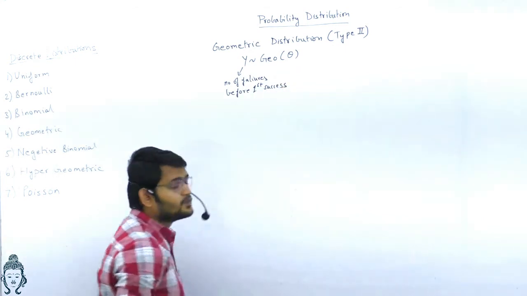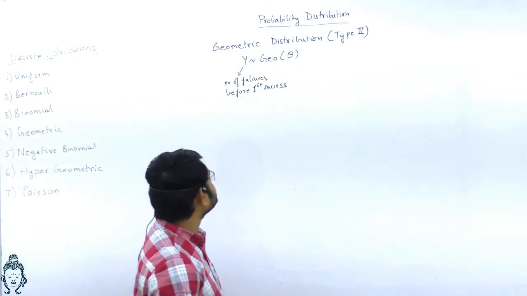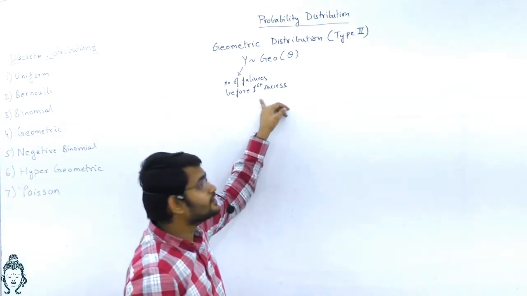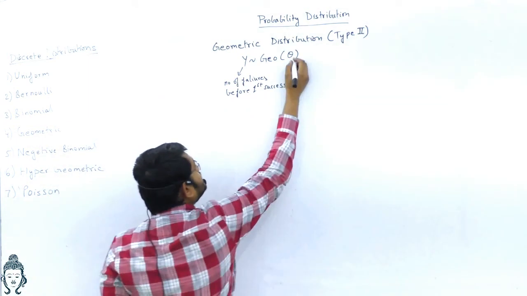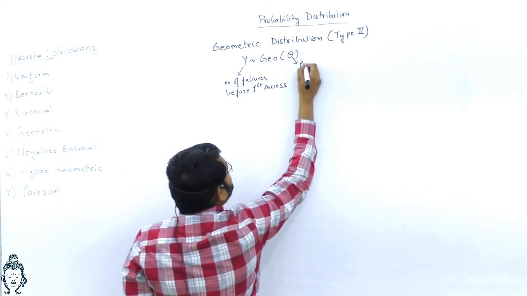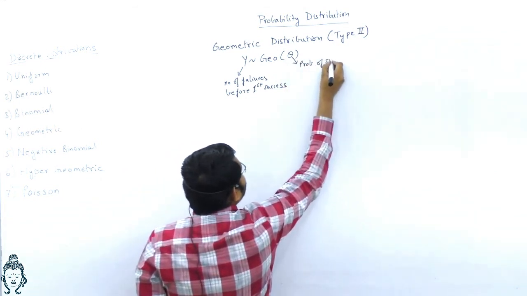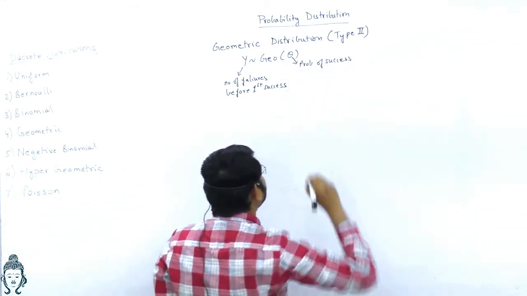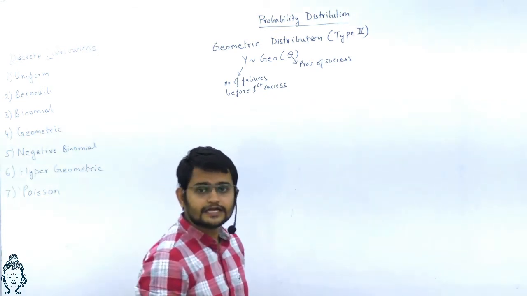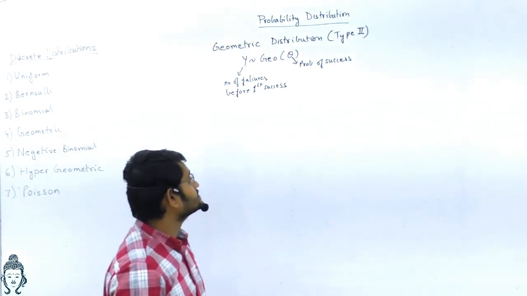So y is the number of failures before we get our first success, and theta here is still the probability of success. It is not the probability of failure, it is the probability of success.